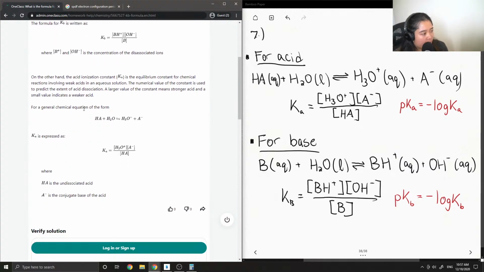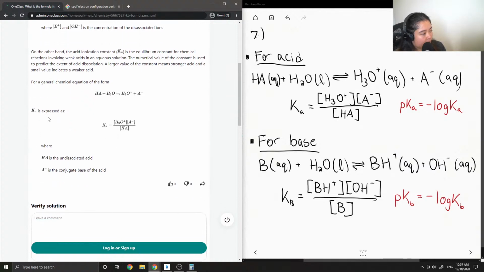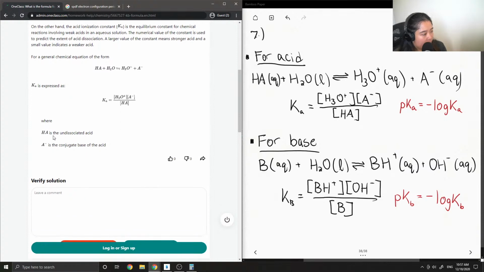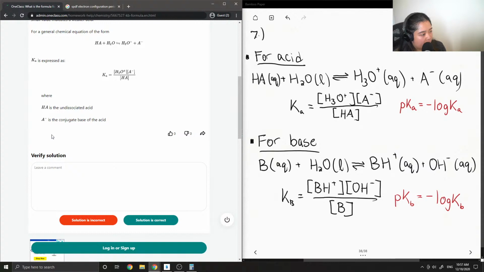For a general chemical equation of the form HA plus H2O makes H3O plus A minus, Ka is expressed as the concentration of H3O plus times the conjugate base, which is A minus, divided by the concentration of the acid, where HA is the undissociated acid and A minus is the conjugate base of the acid. Yep, so this solution is correct.